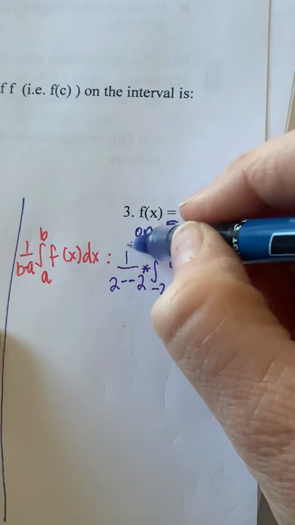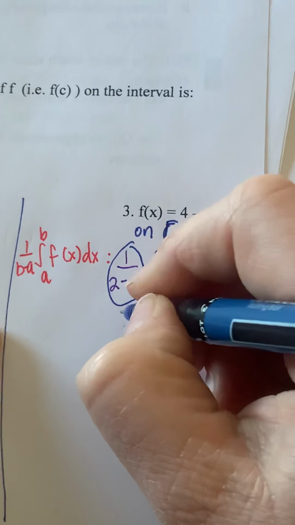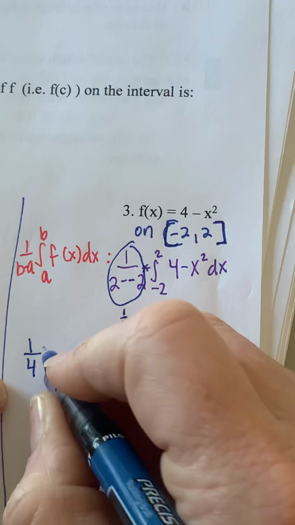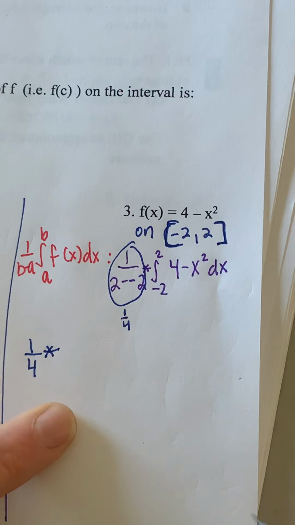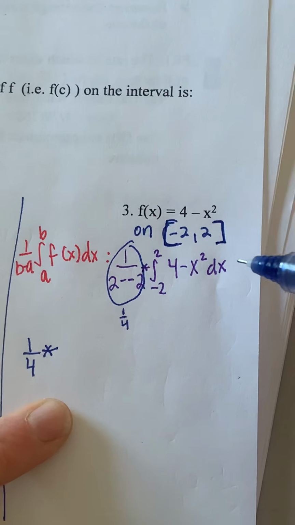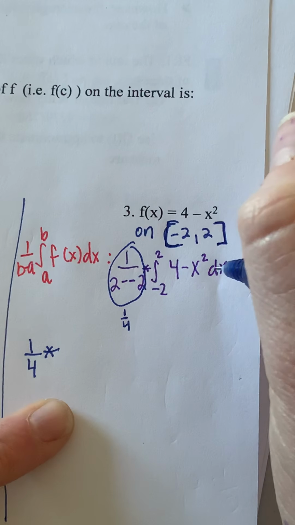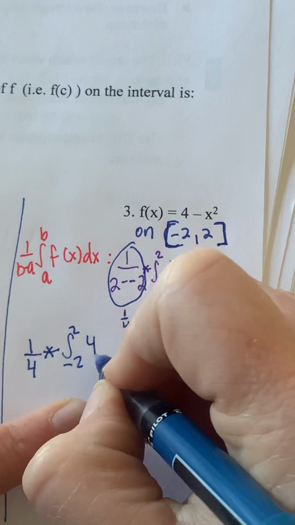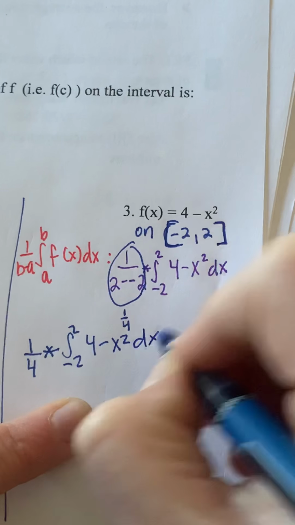Okay, so if we simplify the fraction, that'll be 1/4. So I'll have 1/4 times the integral from -2 to 2 of 4 minus x squared dx.